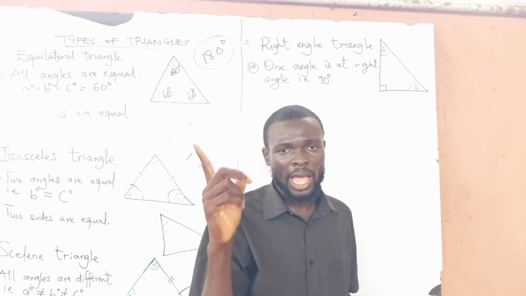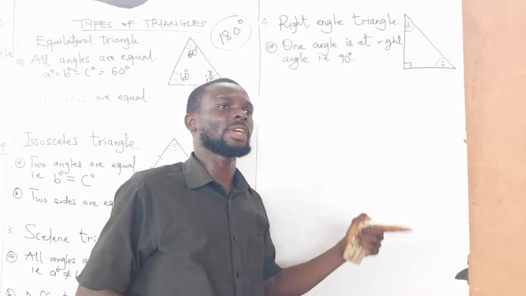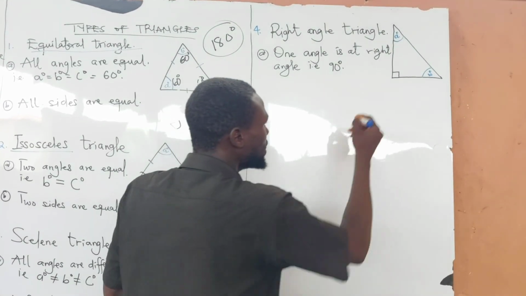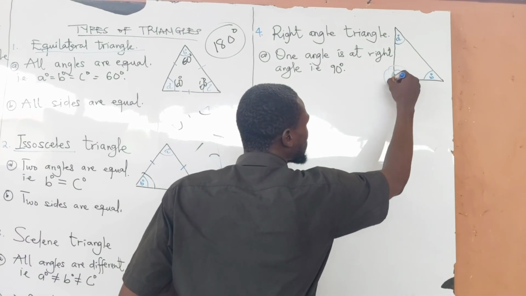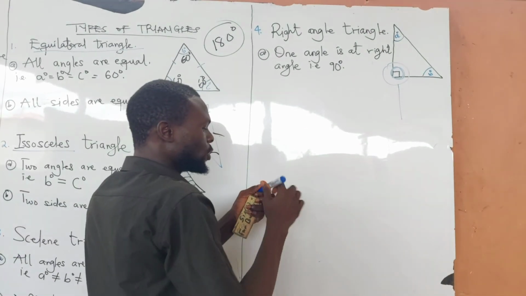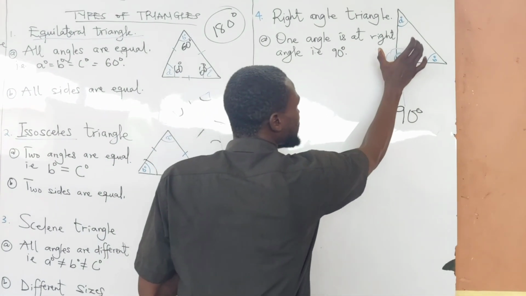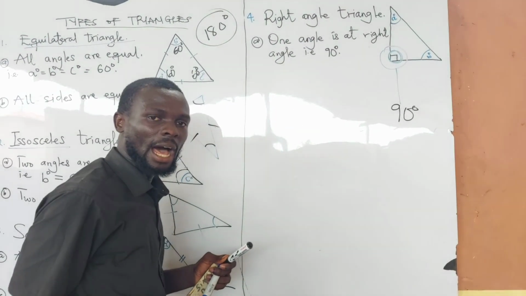So a right angle triangle is also a triangle having one of its angles equal to what? 90 degrees. And we said this angle formed here happens to be the what? The 90 degrees. So the name given to this triangle is right angle triangle.